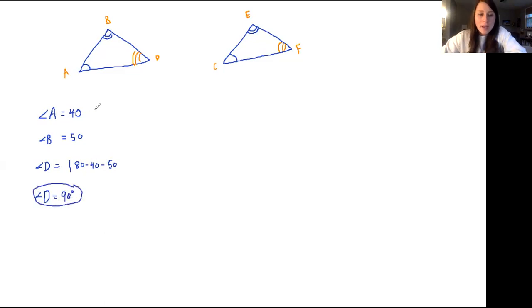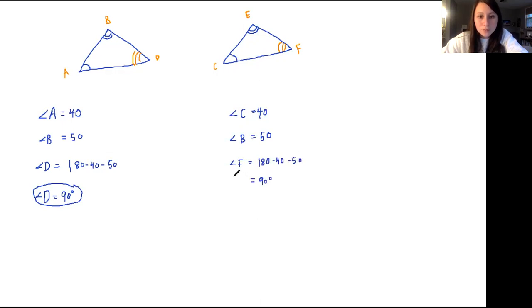If I knew angle A and angle C were the same, that means angle C would have to be 40 degrees. If I knew angle B and angle E were the same, I would have to say that they're the same measurement, which is 50. And so if I'm calculating the final angle, angle F, following the same method of the triangle angle sum theorem, 180 minus 40 minus 50 will also equal 90 degrees.